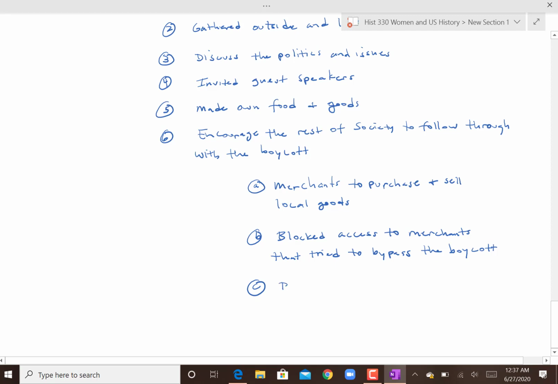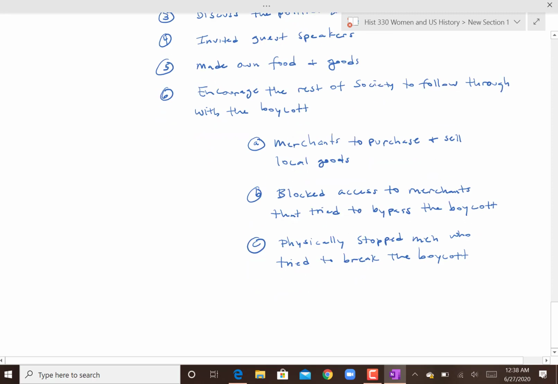They actually physically stopped men who tried to go into merchant stores and purchase British goods, who tried to break the boycott.